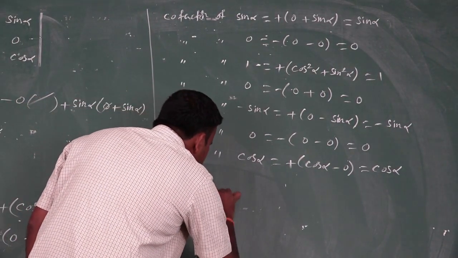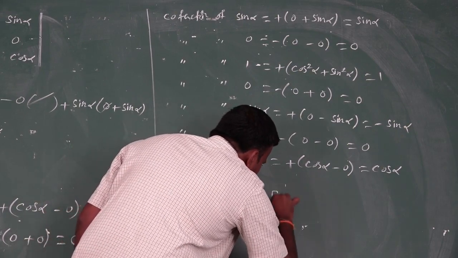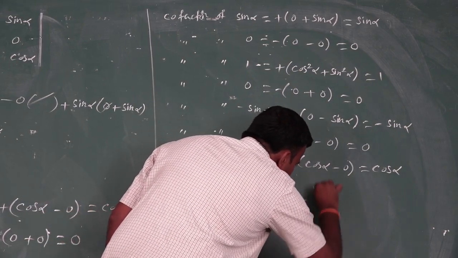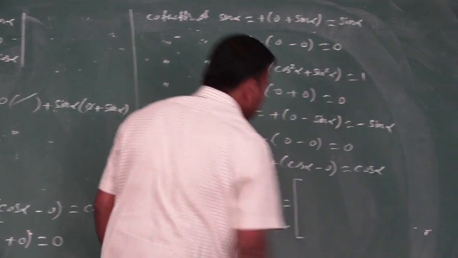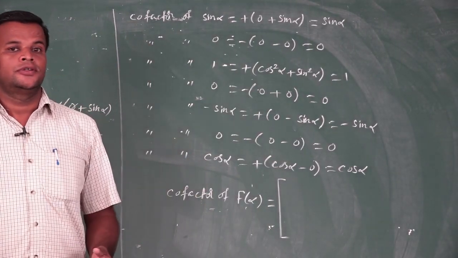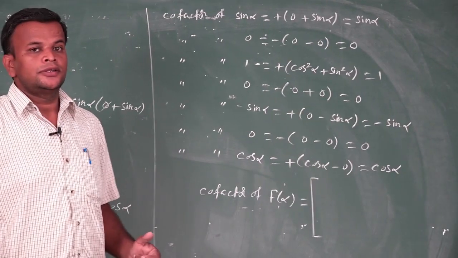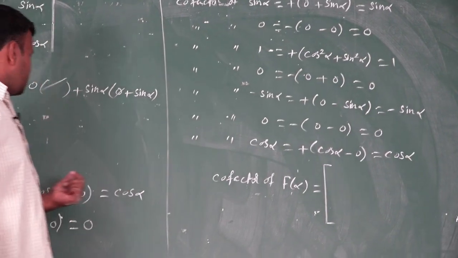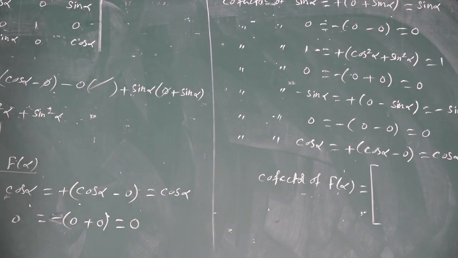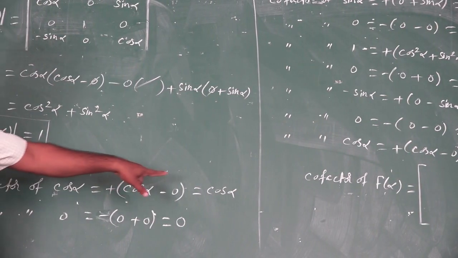So this matrix is called the cofactor of f of alpha. And how to write the value of the cofactor of f of alpha? We find orderly from A11 up to A33. So first we see the first element's cofactor value. What is the first element? Cofactor of the first element cos alpha is again cos alpha.